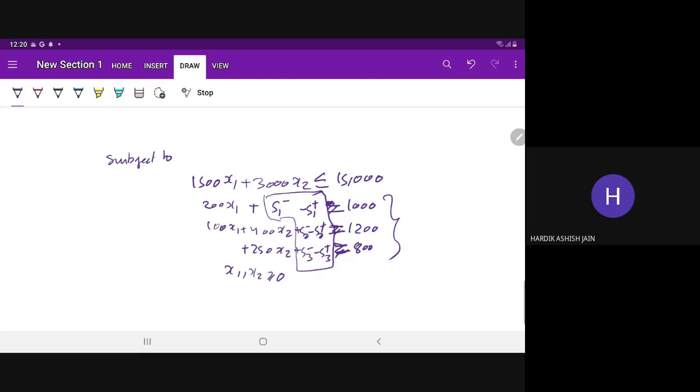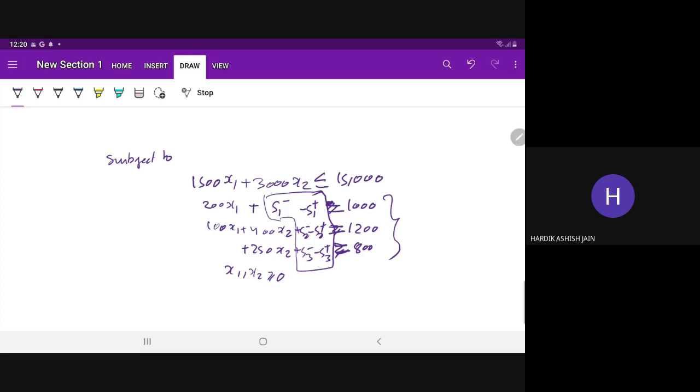Unrestricted, to represent the unrestricted variable. Sir, I had a doubt over here. Sir, aren't slack and surplus variables defined to be always positive? Yes. So how did we take the surplus variable over here to be unrestricted? I'm not saying that surplus variable is unrestricted.